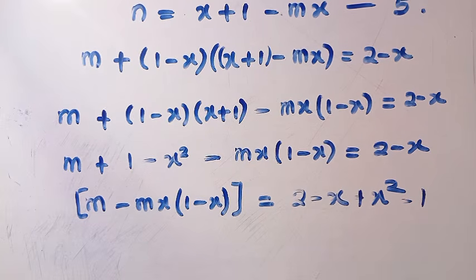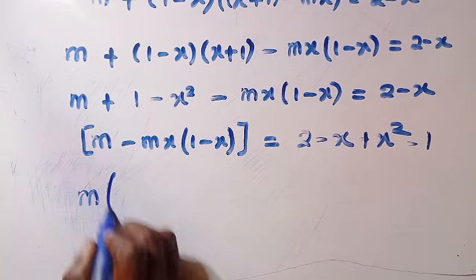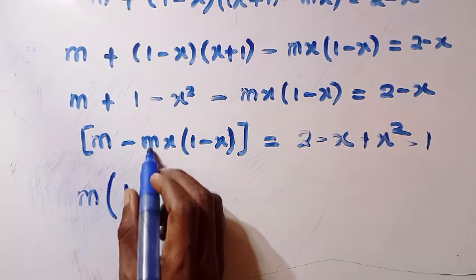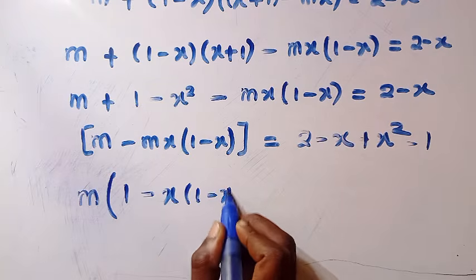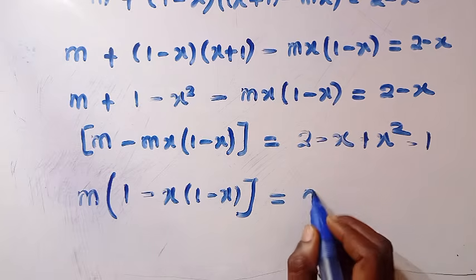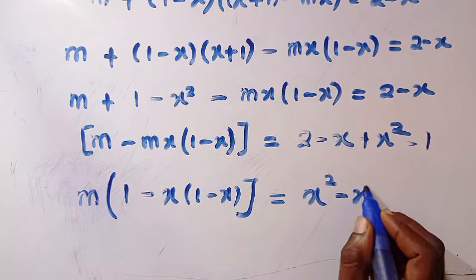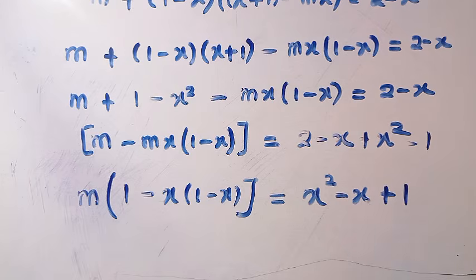After this, if I factor out m, here remains 1. Then here also remains minus x into bracket of 1 minus x. So this equals, I will start with x squared, then followed by minus x, and then 2 minus 1. This gives us plus 1.